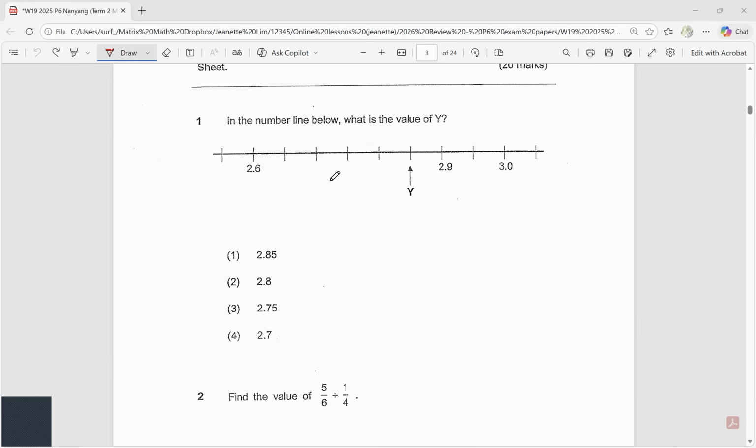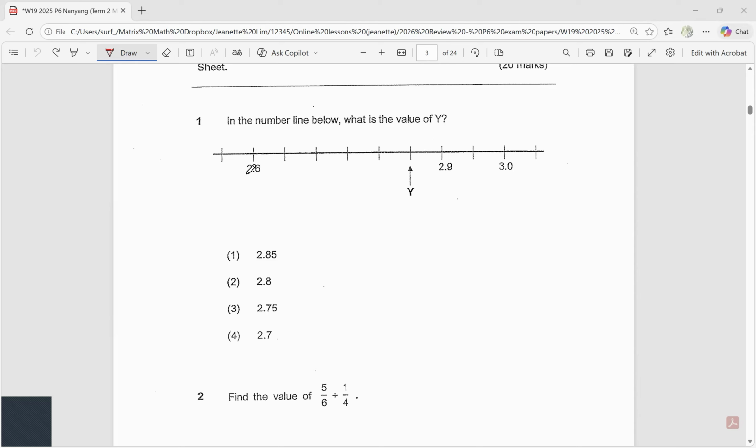Okay, question 1. In the number line below, what is the value of y? Now we have 2.6 here and 2.9 here. In between 2.6 and 2.9, you have 2.7, 2.8. Now see if you can fit in 2.7 and 2.8 at equal intervals apart. So we count the intervals: 1, 2, 3, 4, 5, 6. 6 intervals.